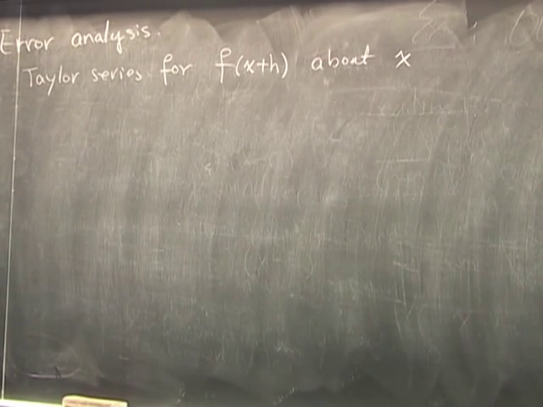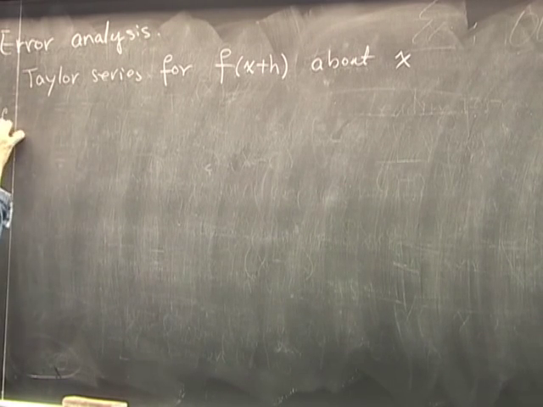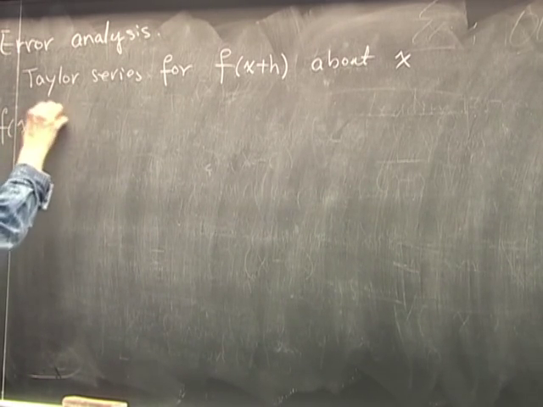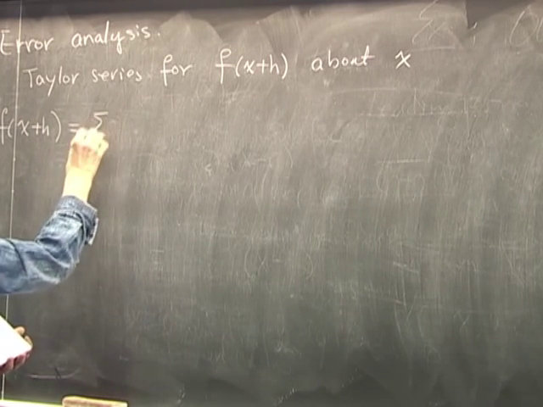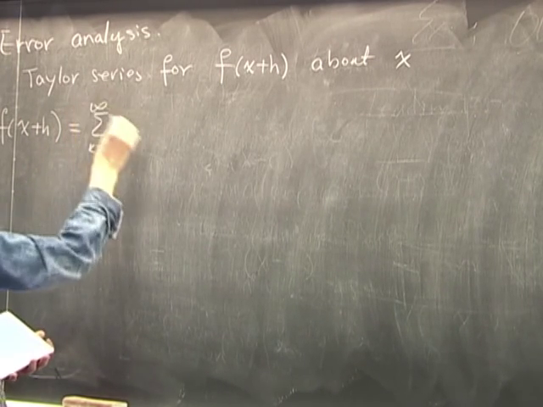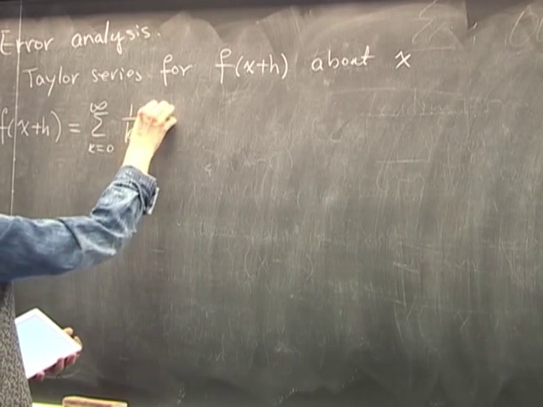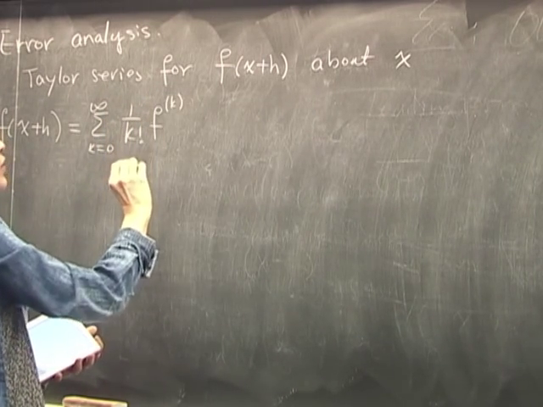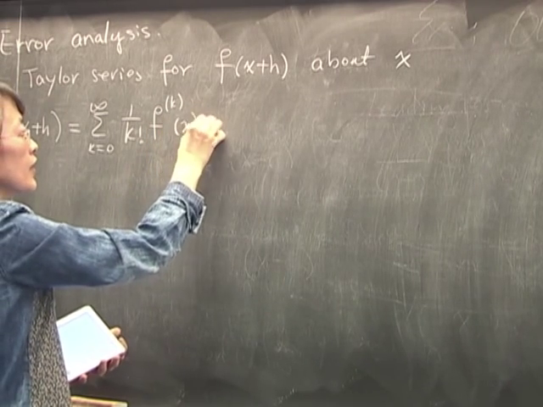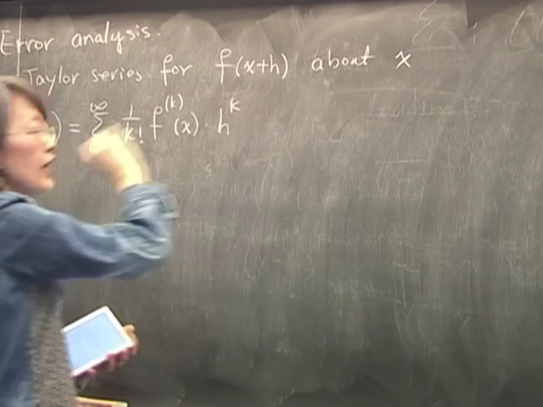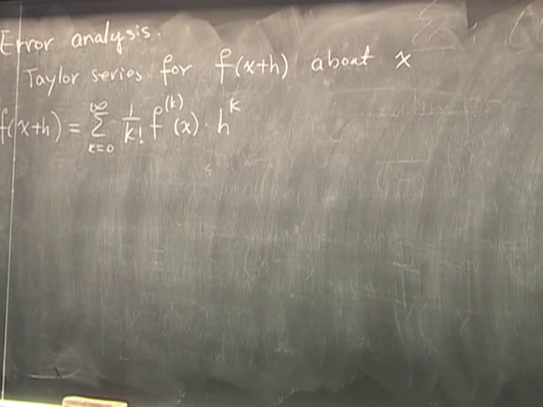Okay, so what will be this term now? X plus h minus x, this will be h. How far away you are. Okay, so I'm going to write out. So f at x plus h equals the summation k from 0 to infinity of 1 over k factorial, f to the k derivative at x times h to the k. Okay? It's another way of writing the same thing. But in numerical analysis, Taylor series always takes this form.